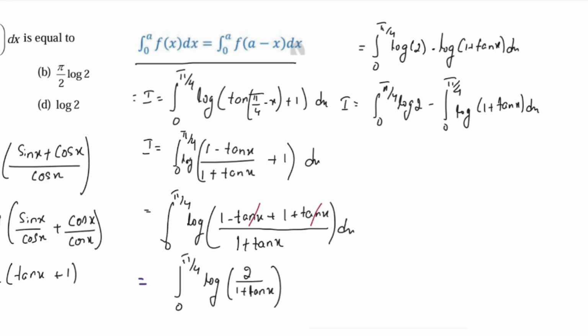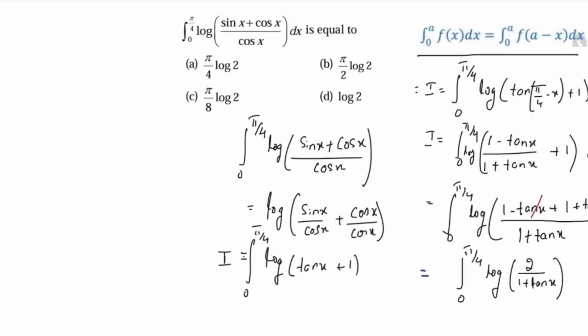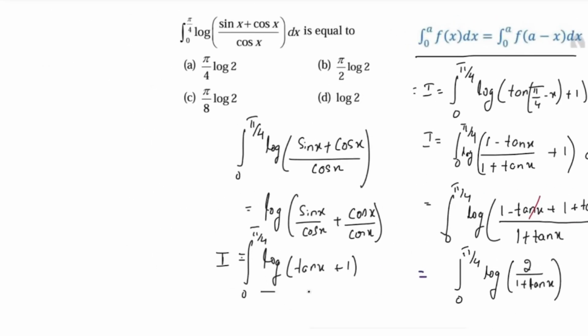You have all already seen this: the integration from 0 to pi by 4 of log 1 plus tan x is equal to I, which we have taken. So I'm going to replace that here.